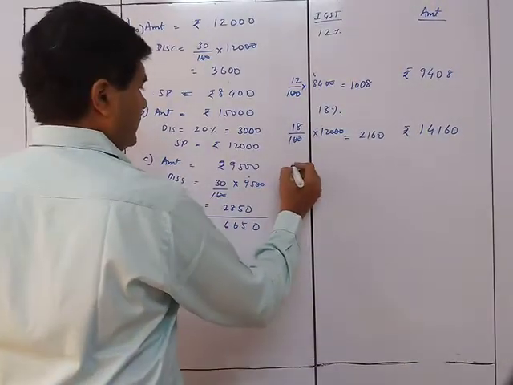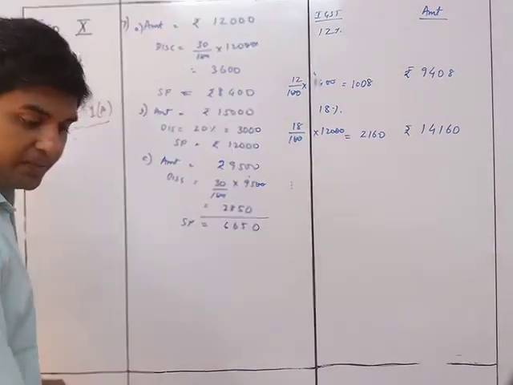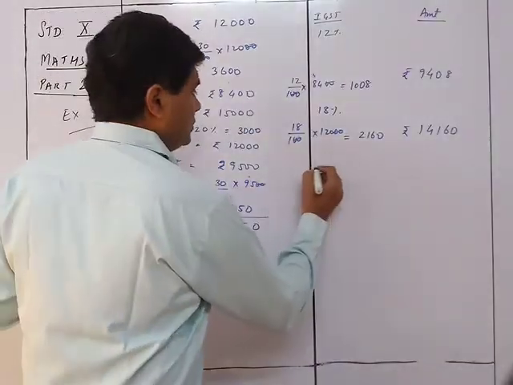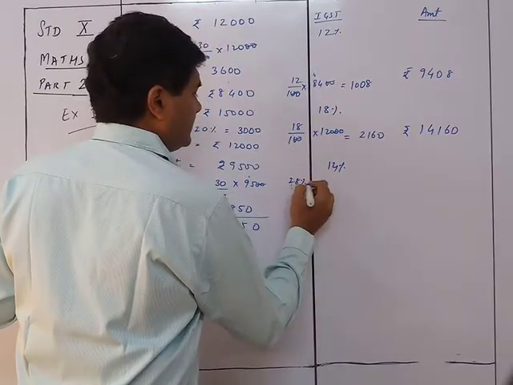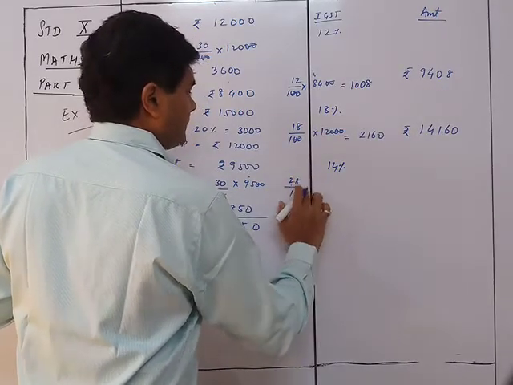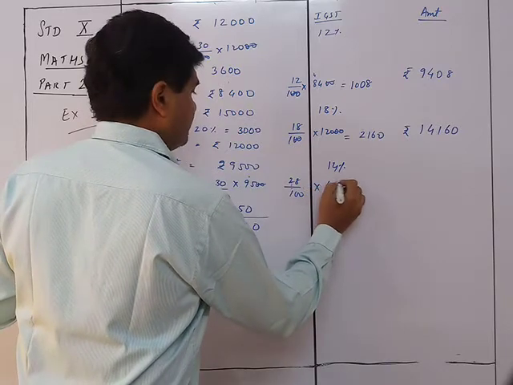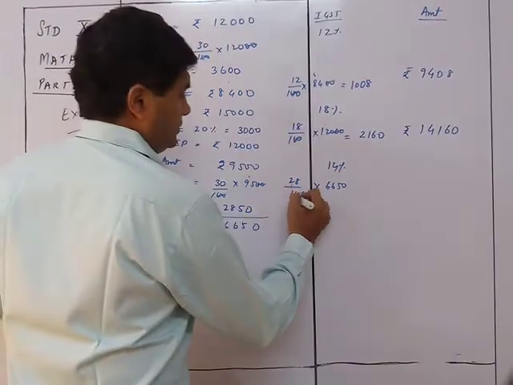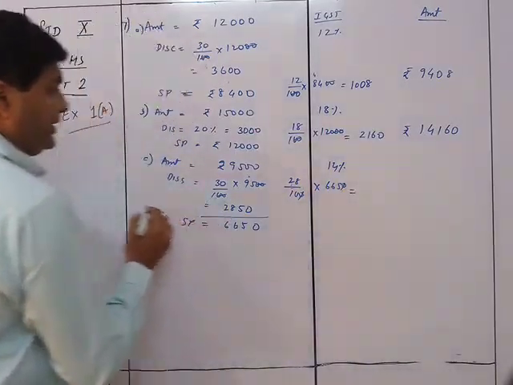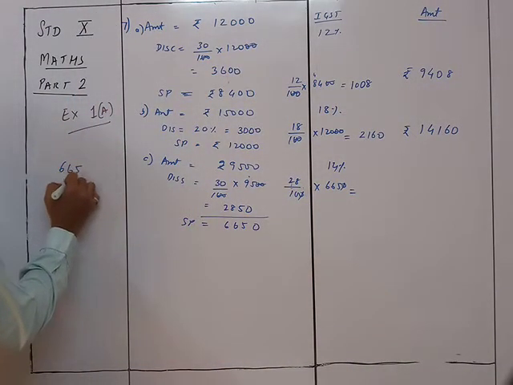Accordingly we see that it is how much percent? 14% is that, so 28%. So 14% plus 14% is equal to 28% upon 100 into 6650. Okay, that is going to be 665 into 28.